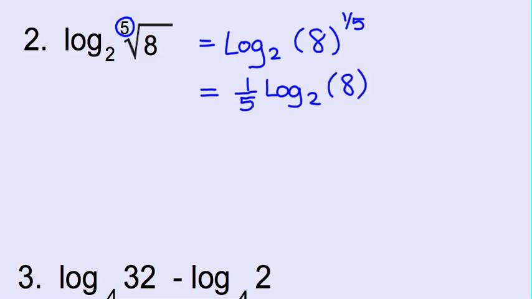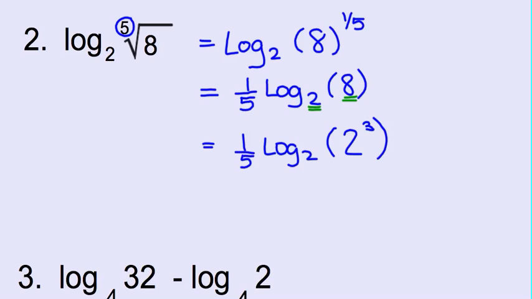Now I notice my logarithm is base 2. I want to change that 8 to an exponential base 2. So 8 can be rewritten as 2 times 2 times 2. So I'm going to leave the 1/5 alone, the logarithm base 2 alone, and I'm going to change this 8 to a 2 times 2 times 2, or 2 cubed.